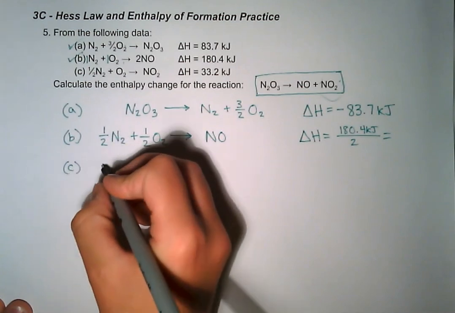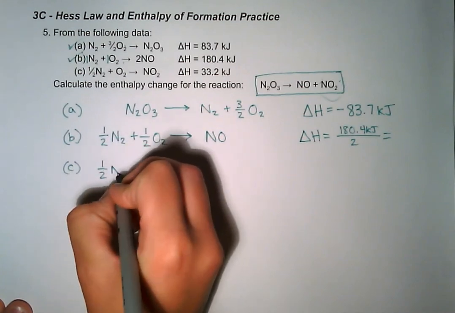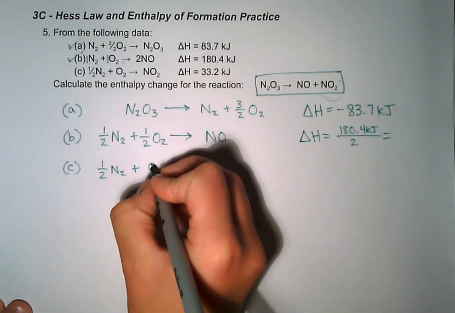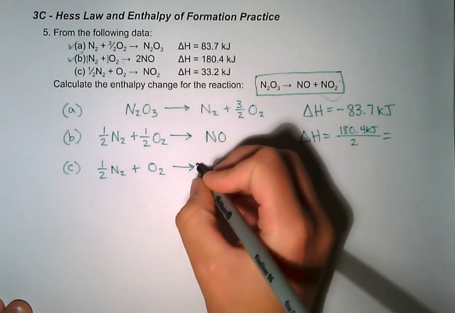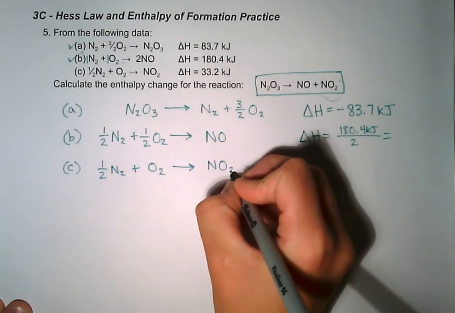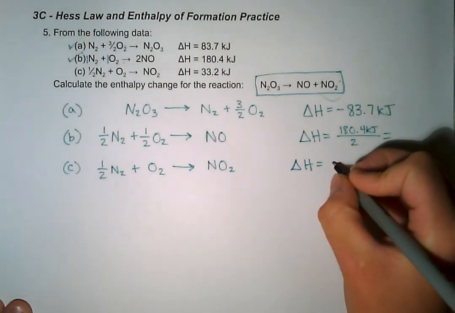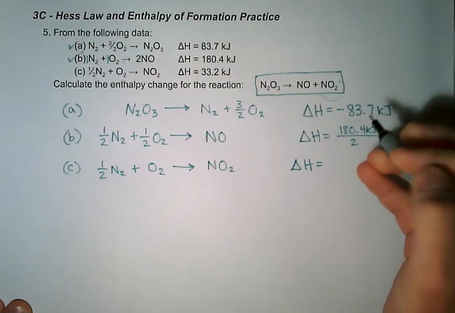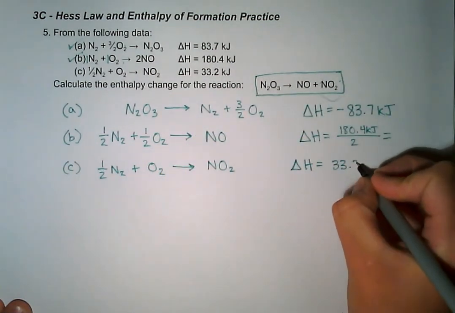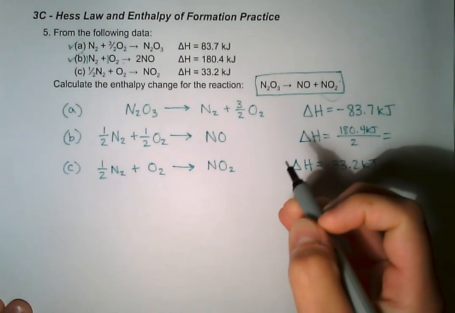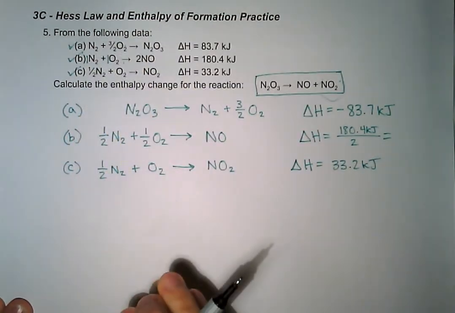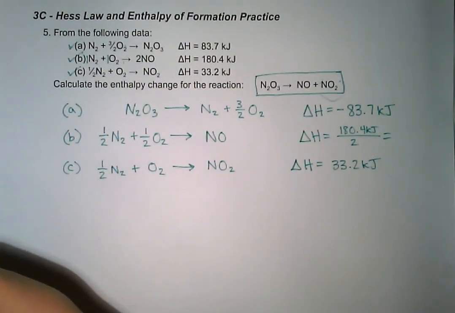I'm just going to rewrite it as 1/2 N2 plus O2 gives us NO2. And since I didn't do anything to the reaction, I'm also not going to do anything to the delta H, so it's going to stay 33.2 kilojoules.